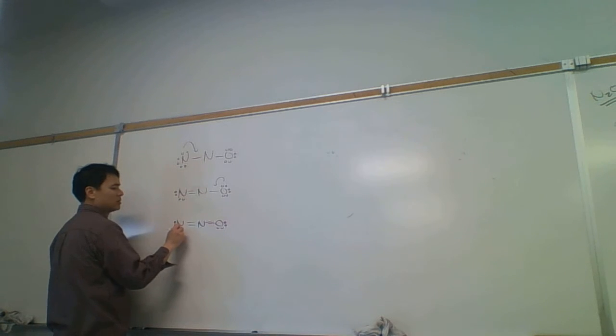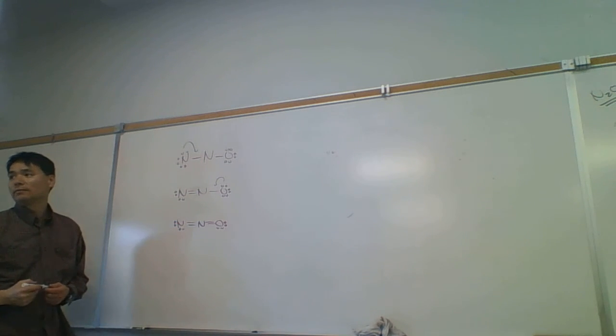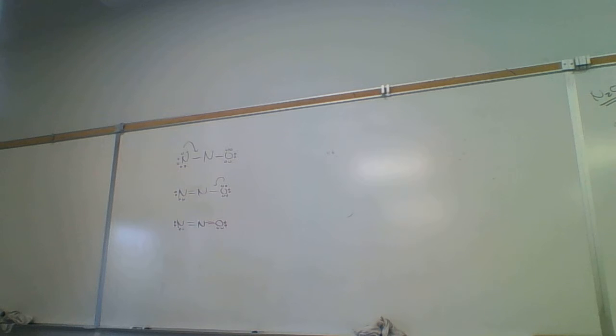The good thing about this structure is everybody has an octet. The bad thing about this structure is what? Is there anything bad about it? Formal charge. What are the formal charges?